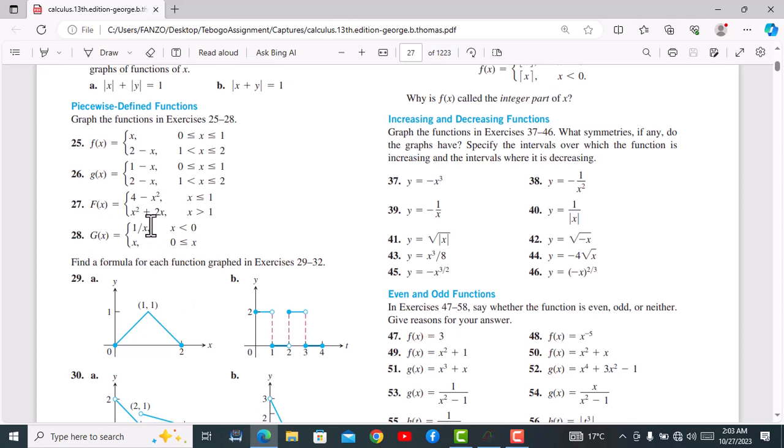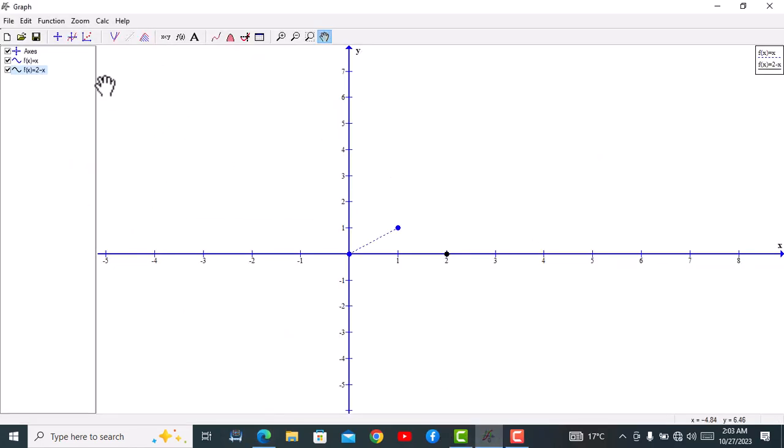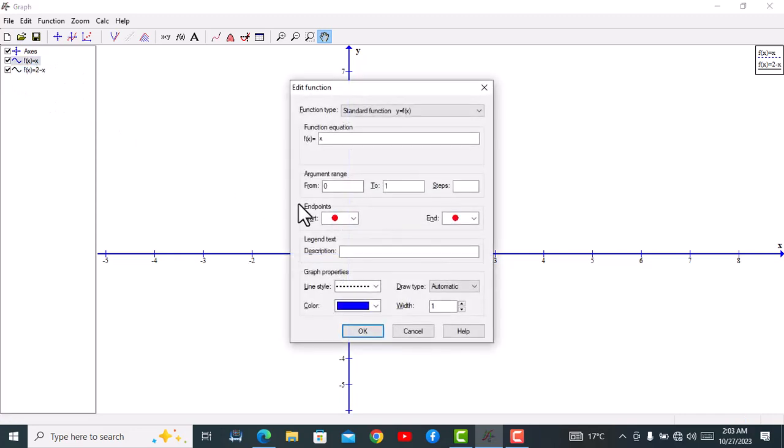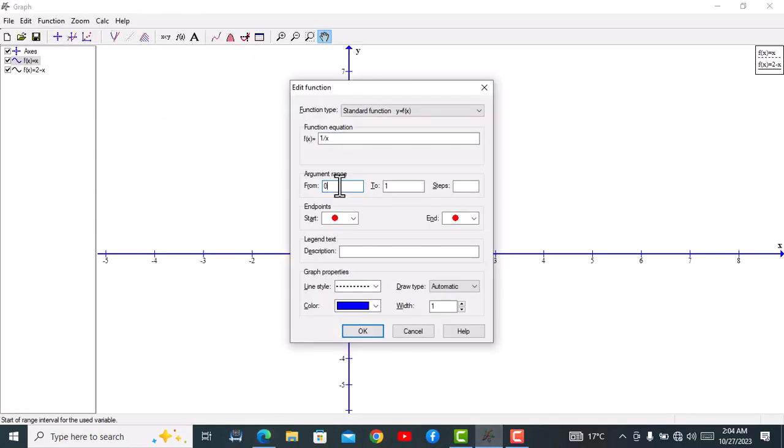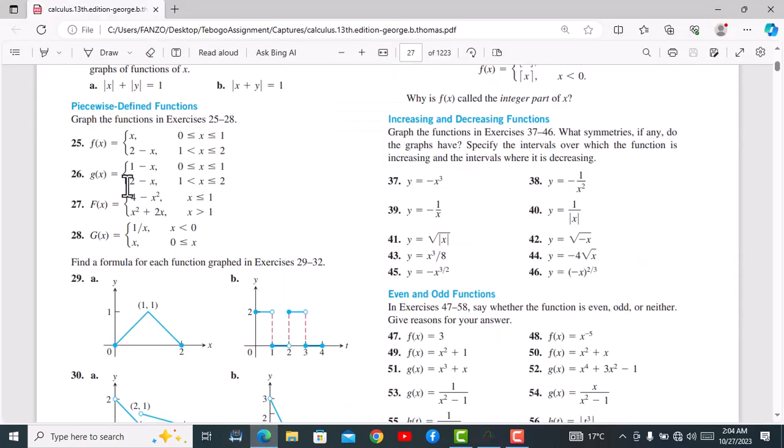So g at x equals 1 over x. So I can just come here, just edit this one. 1 divided by x, and let's look at the interval. x should be less than 0, so let's say from -1, okay, that is fine.